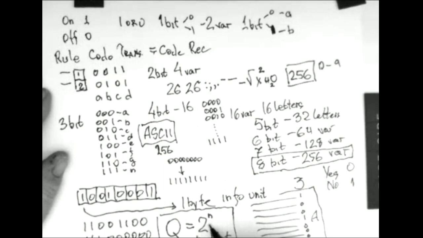And we can have an unlimited number of bits. So if you have, let's say, 5-bit, you need to calculate how many chunks of information you can associate with this. You need to calculate 2 to the power of 5, and that will be 32.